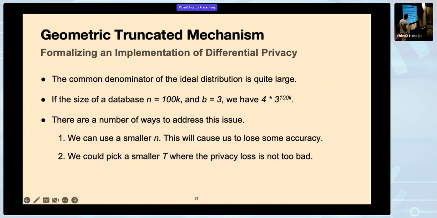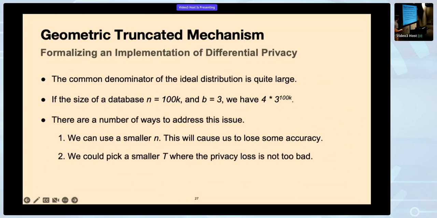There are a few ways that you can address this. The first one is to use a smaller n. This is going to cause you to lose some accuracy in your results, because, as I mentioned before, this mechanism has support 0 to n, so any query that's greater than n, we're just going to map right back to that interval.